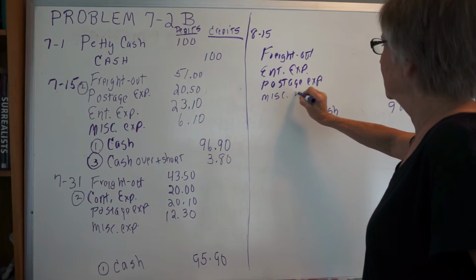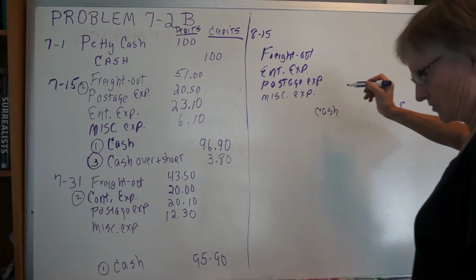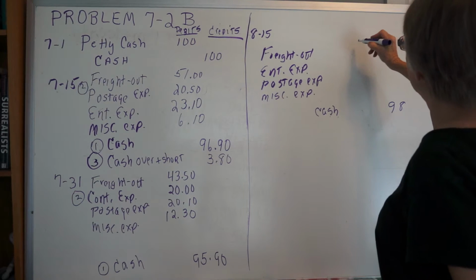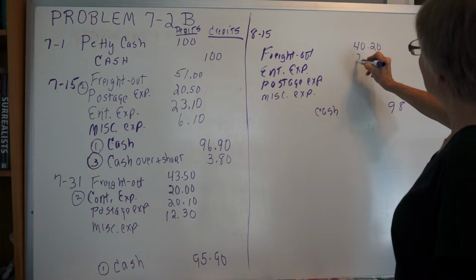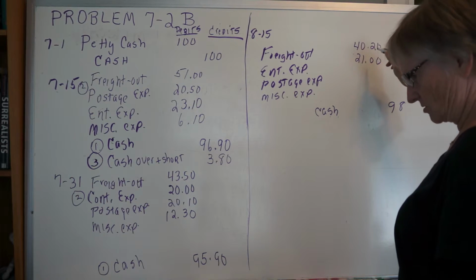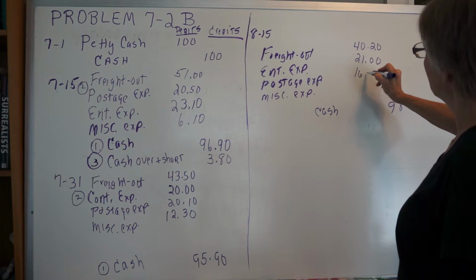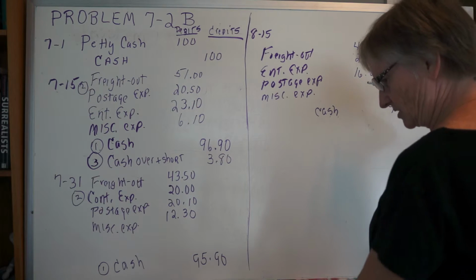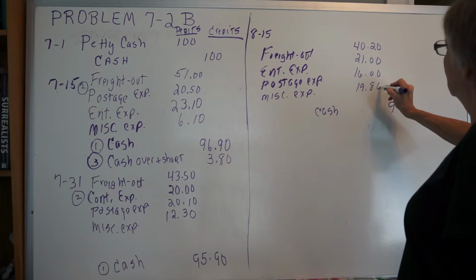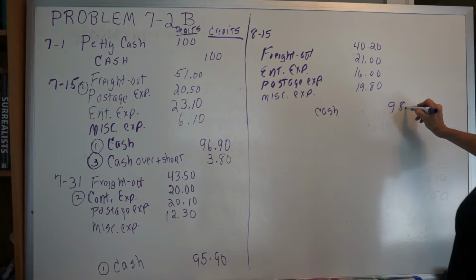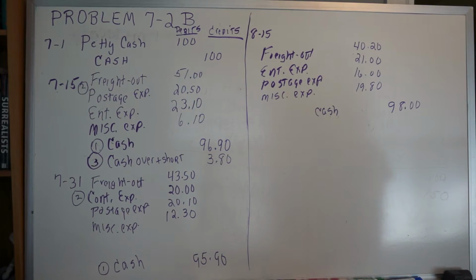These are the ones that we have the receipts for. So the freight out was $40.20, $21 for entertainment, $16 for postage, and miscellaneous expense of $19.80.